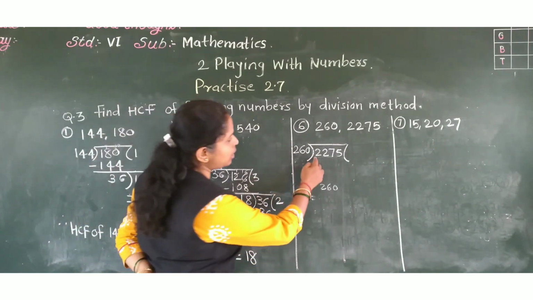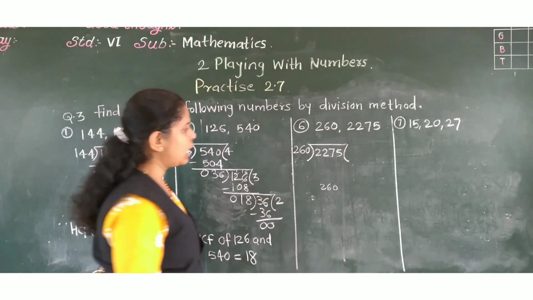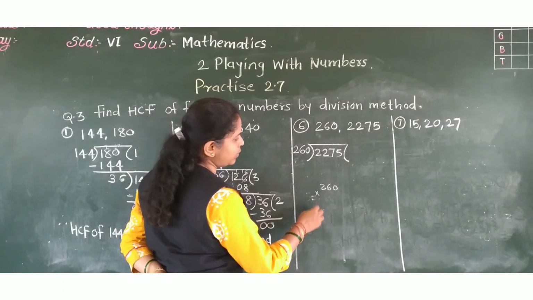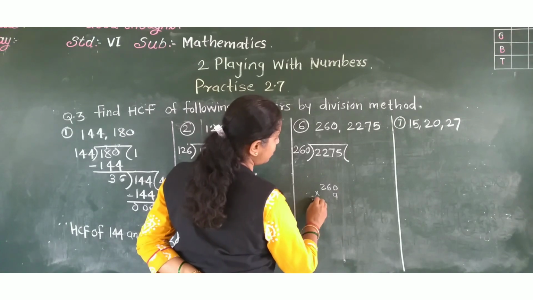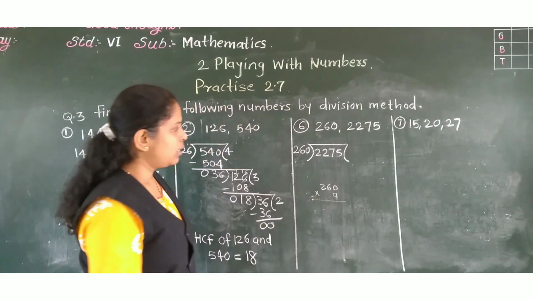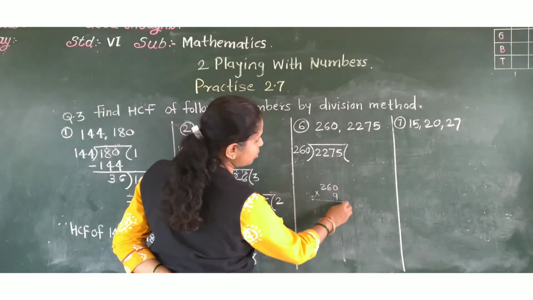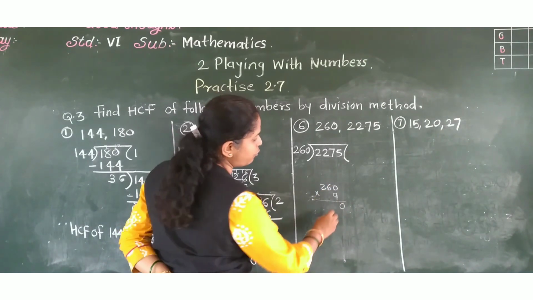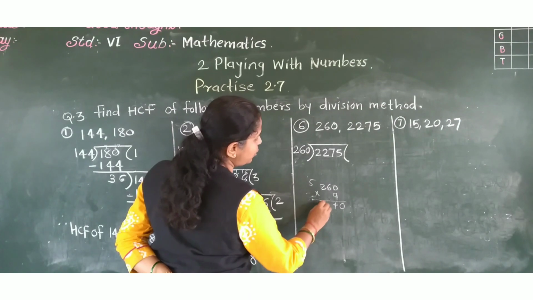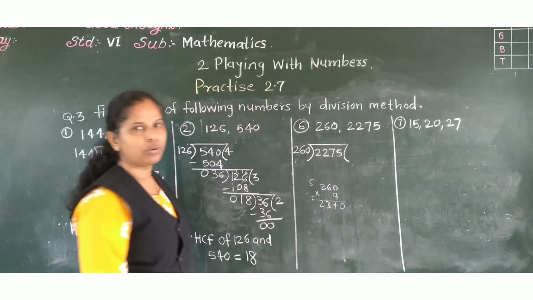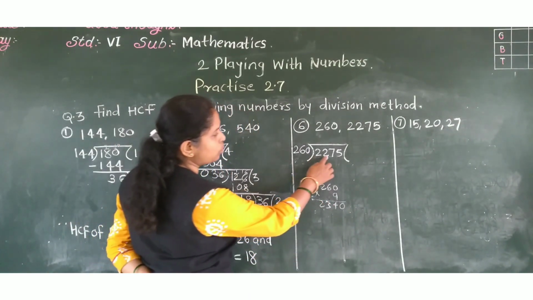So let us take all four digits. 260 we will see by 9. 9 zeros are 0. 9 6s are 54, 4 carry 5. 9 2s are 18 plus 5, 23. 2340. It is greater than 2275.